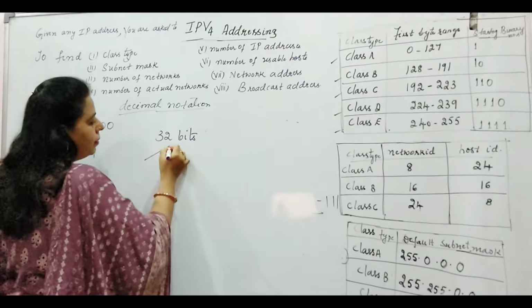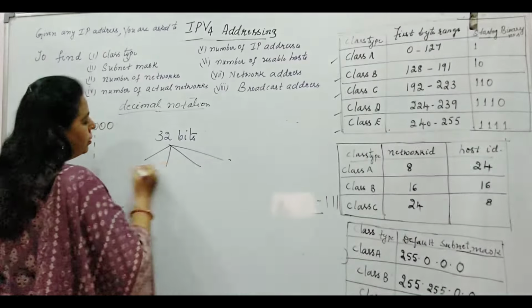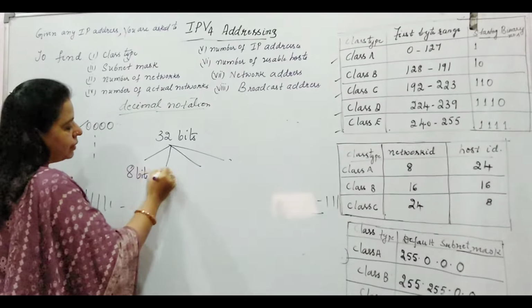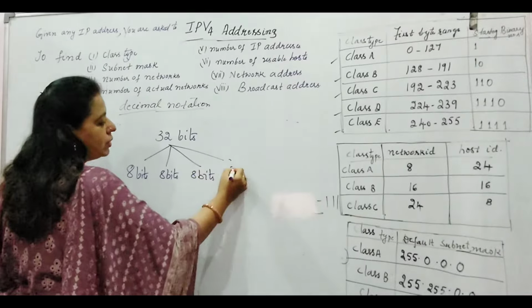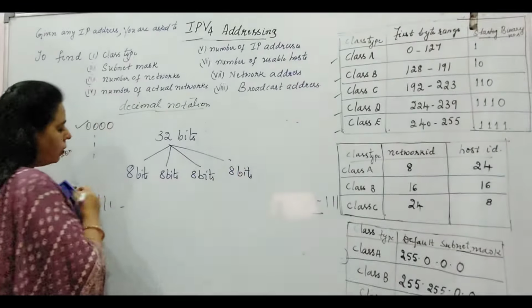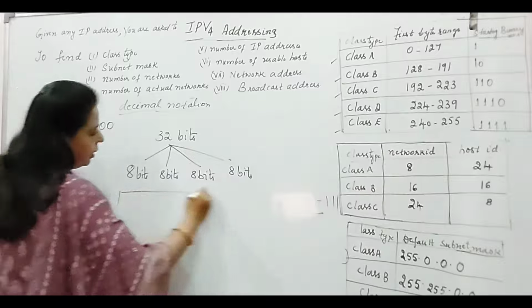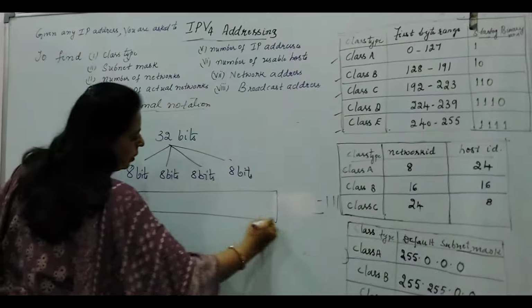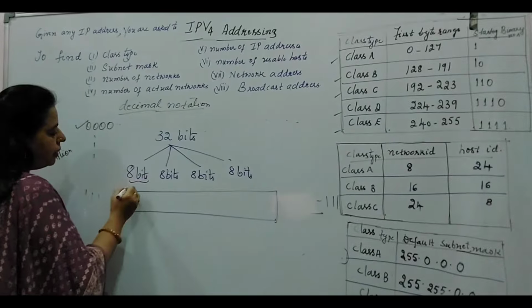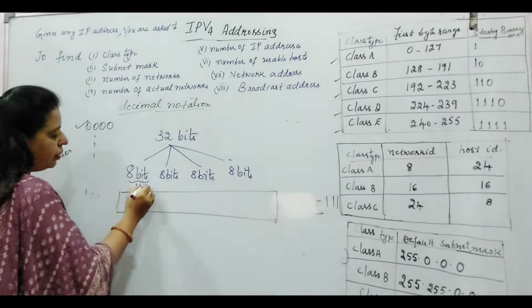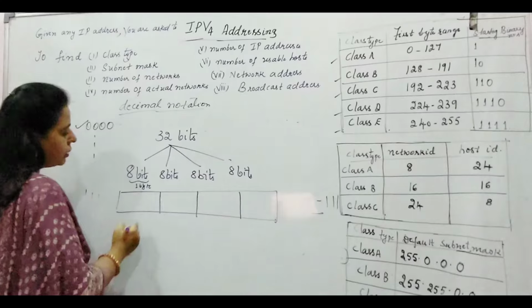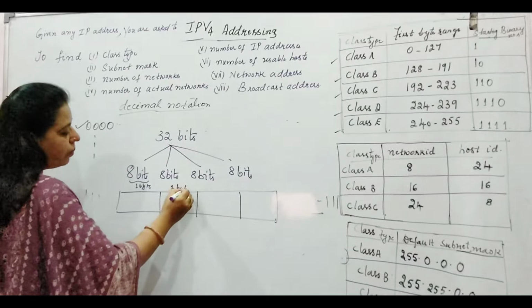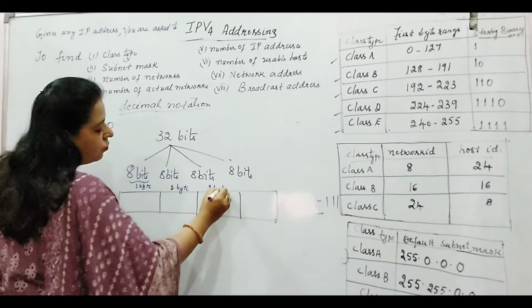The first section will have 8 bits, the second 8 bits, the third 8 bits, and the fourth 8 bits. 8 bits is what? 1 byte. Then I will divide this IPv4 address into 4 sections, each consisting of 1 byte of information.